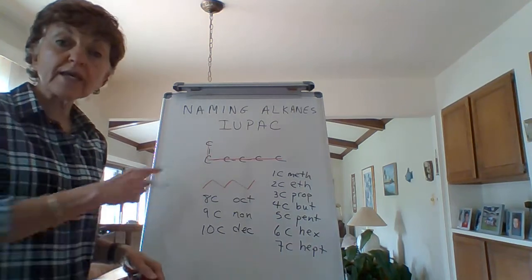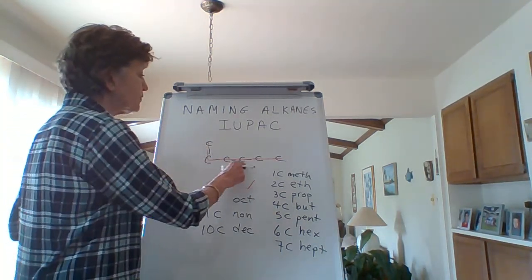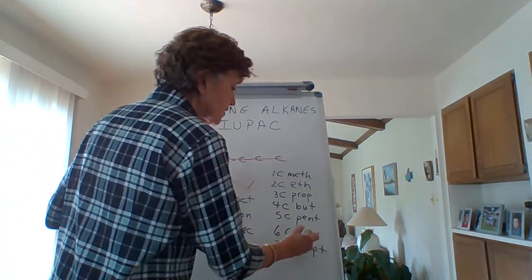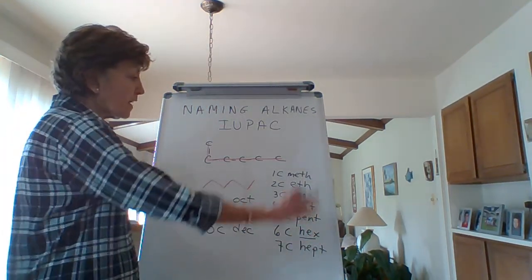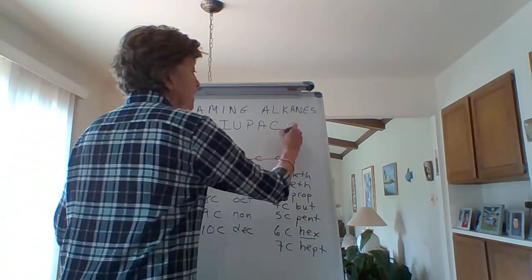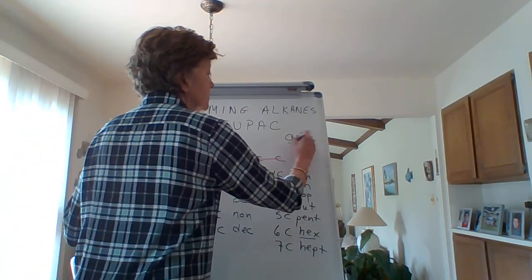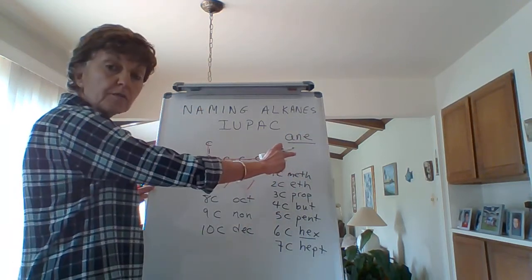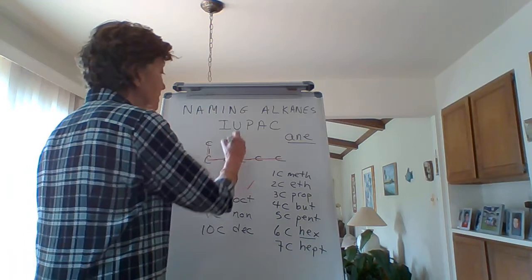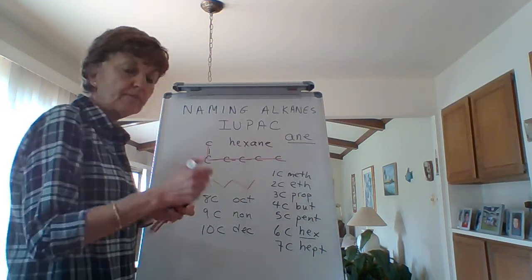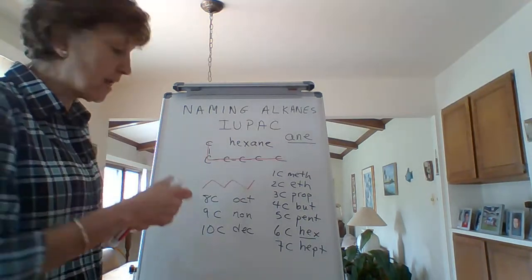All right, so we counted these 1, 2, 3, 4, 5, 6. These are 6 carbons, so we're going to use the prefix hex. And the suffix, the end, is always going to be ane, A-N-E. So since this is a 6-carbon molecule, it's going to be hexane. Okay, that's the parent name.